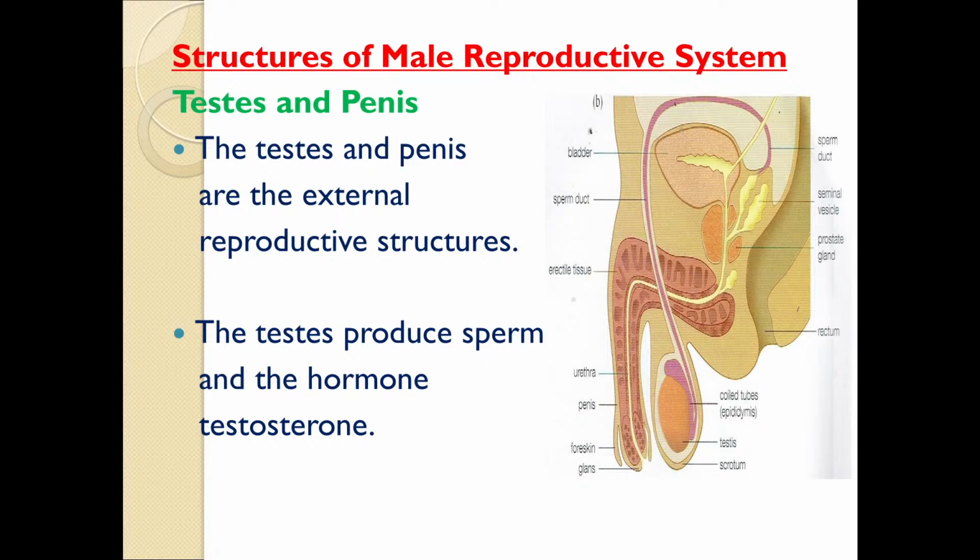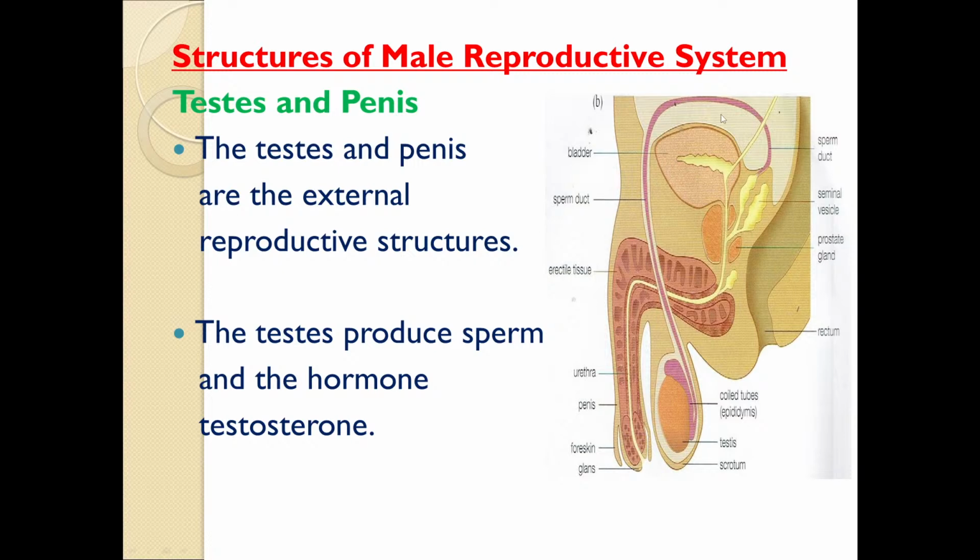In terms of production, where the sperm is manufactured, the testes, or testicles, are responsible for producing sperm and the hormone called testosterone. Testosterone is a hormone mostly produced by the male body.